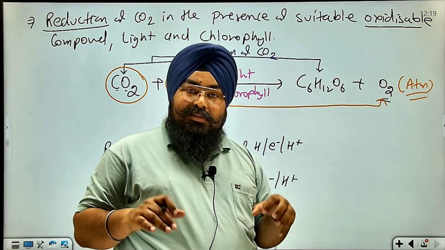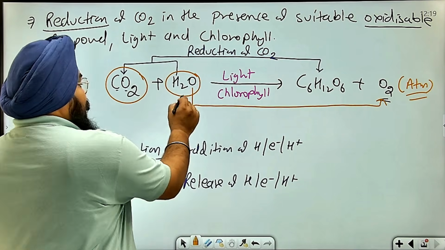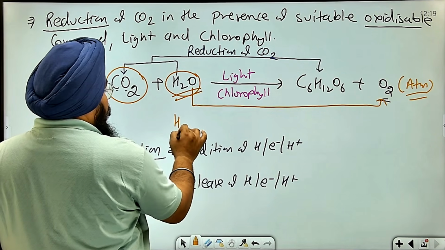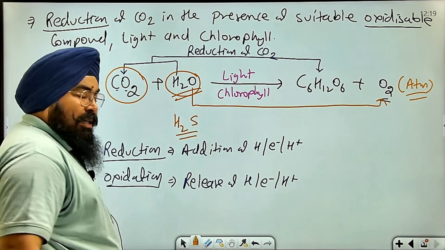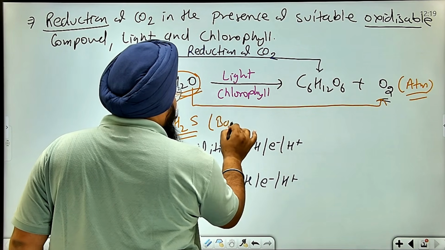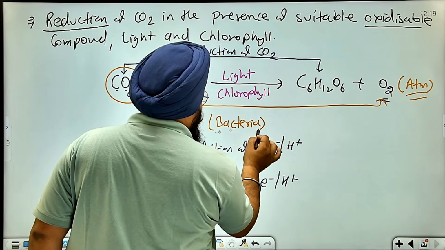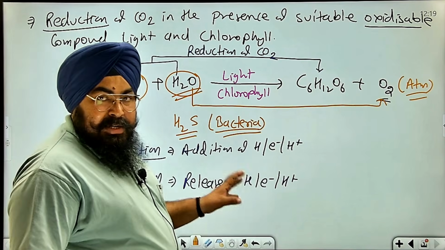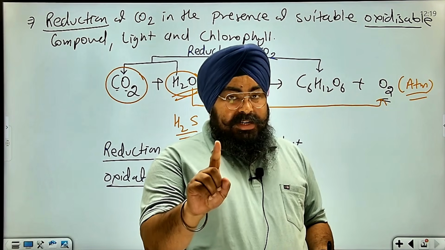Because in some organisms H2O is not the hydrogen donor; H2S is the hydrogen donor in bacterial photosynthesis. In plants or the cyanobacteria, water is the donor.